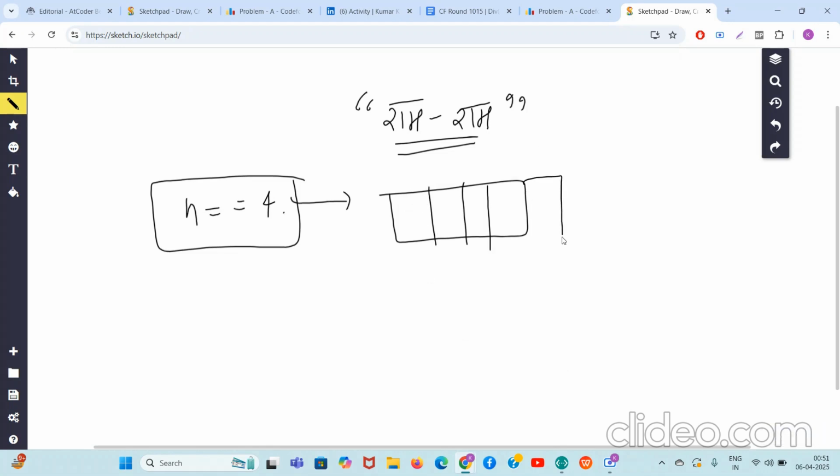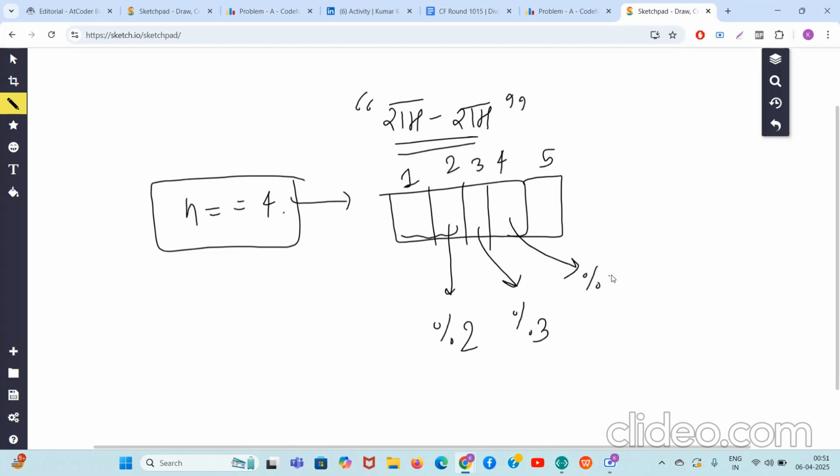The key observation to solve this problem is that whatever number will come here, you have to do it modulo 2. Whatever number comes here, you have to divide it by 3. Whatever number comes here, you have to do it modulo 4. Whatever number comes here, you have to do it modulo 5.